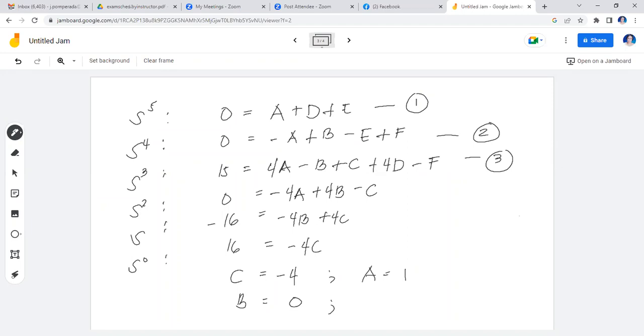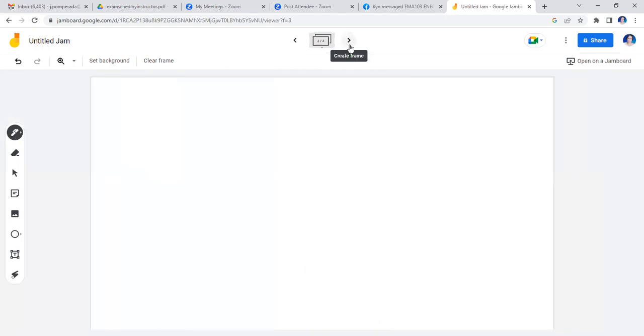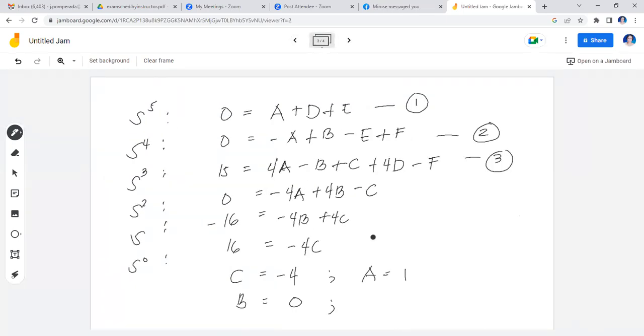So that would be negative 1 is equal to D and E. I'll transfer it here. So equation 4. And if we substitute 1 here and B here, you will have 1 is equal to negative E and F.